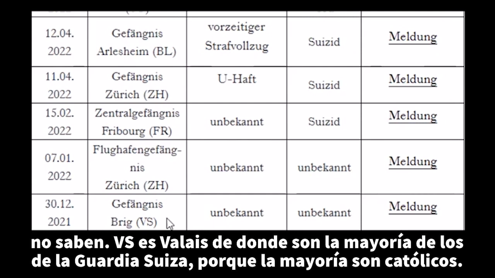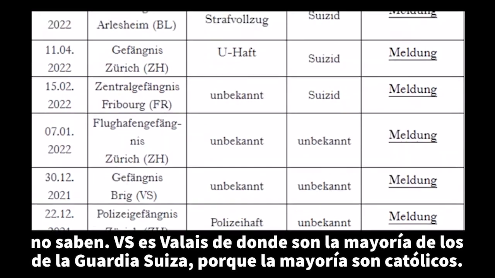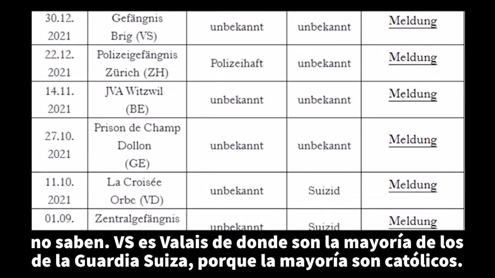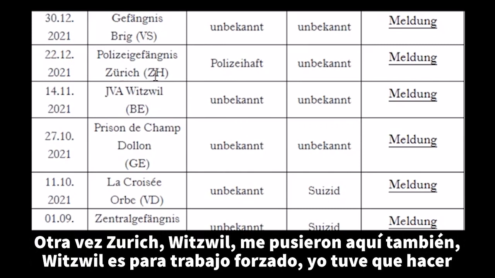VS is Wallis, where most of the Swiss Guard come from, because it's mostly Catholic. And so here again, Zurich, Witzwil, they put me here as well. Witzwil was for forced labor.